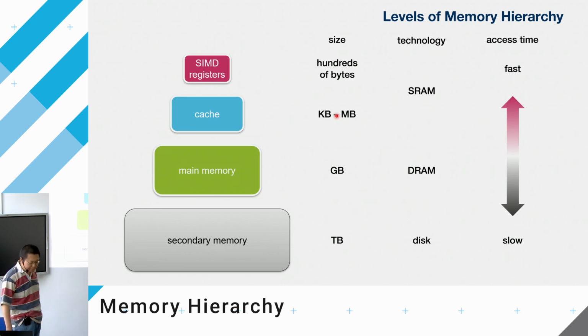On Noctua 2, one CPU socket has a last level cache of about 200 megabytes. It's already very large, up to several hundred megabytes. Then the main memory is normally gigabytes or even terabytes for the large memory nodes, but the access time is slow. And then secondary memory means SSD or hard drive, mechanical drive, and so on.